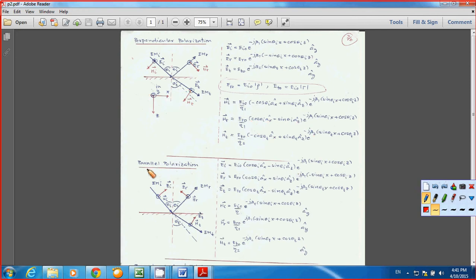And now take a look at the parallel polarization. You have Ei, since the H is parallel with the boundary, so Hi still has the component in the y direction. They are all the same. Alright, you can take a look at the Hi first. This is the direction of propagation, and then you compare above here.